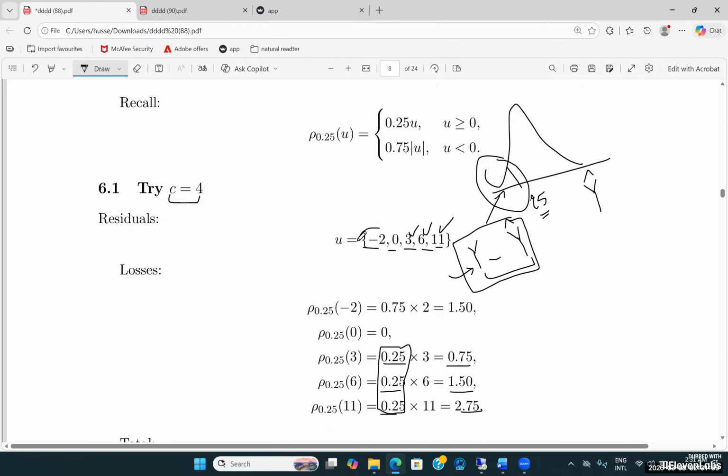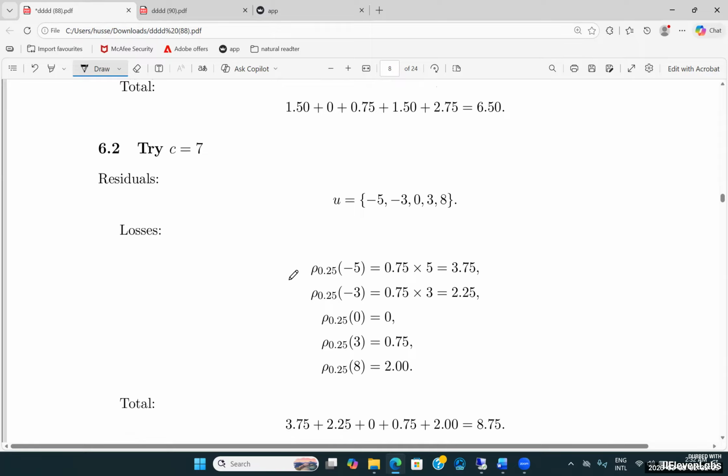When the actual value is less than our prediction, it indicates that we have overpredicted. This outcome is certainly not what we desire. Therefore, we will apply a significantly higher penalty, specifically a factor of 0.75, and this will then contribute to our total error calculation. Now, this method of applying this kind of weighting will essentially compel us to favor this specific solution, because this solution, as you can clearly observe, possesses numerous error values associated with a significantly lower weight when compared, for instance, with the case where c is equal to 7.